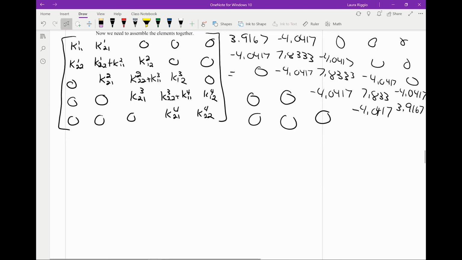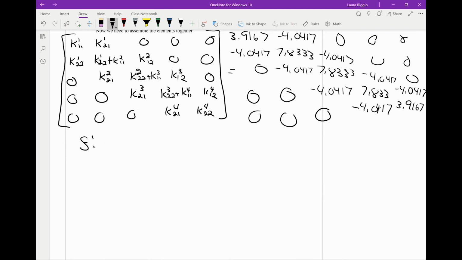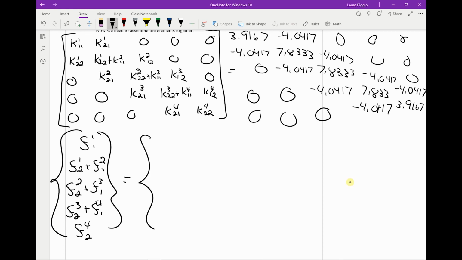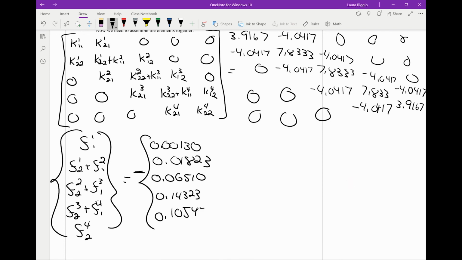Now we're going to assemble F. So it's going to be F11, F12 plus F21, F22 plus F31, F31 plus F32 plus F41 and F42, which is equal to minus 0.00130, 0.823, 0.06510, 0.14323, 0.10547.